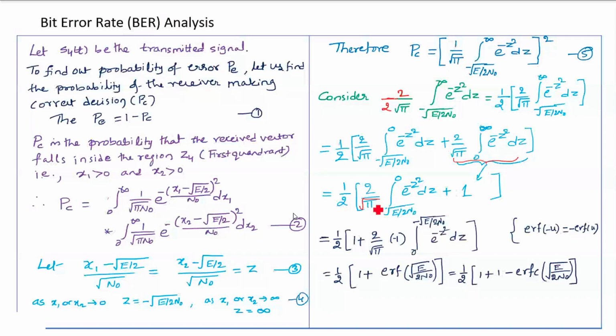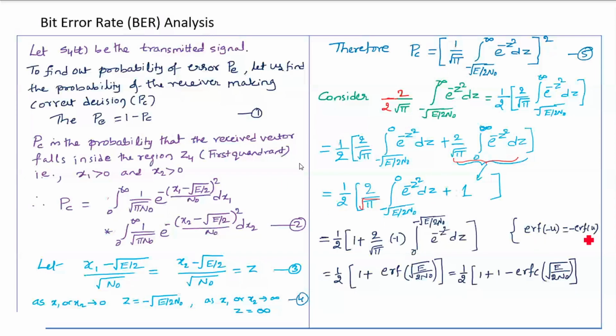Further, I will just bring this 1 here. 2 by root pi, minus 1, I'll just interchange the limits here, so 0 to minus root of e by 2 n naught e to the power minus z square dz. And we know this ERF of minus u is nothing but minus ERF of u.